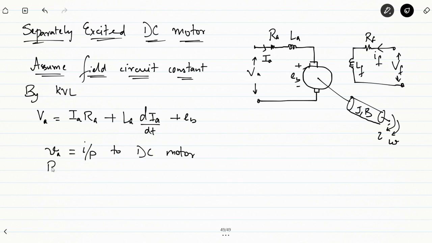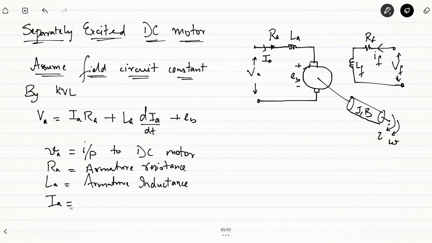RA is the armature resistance, LA is the armature inductance, and the current IA flowing through the armature inductance can be considered as the state variable.